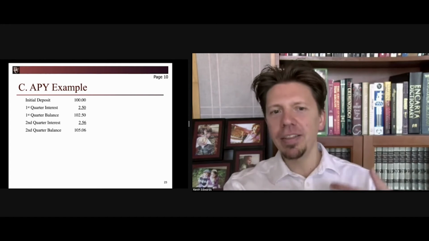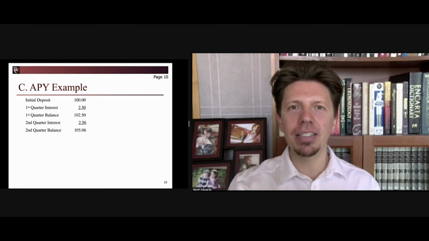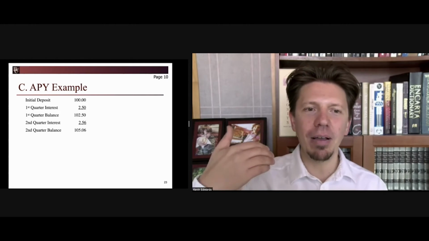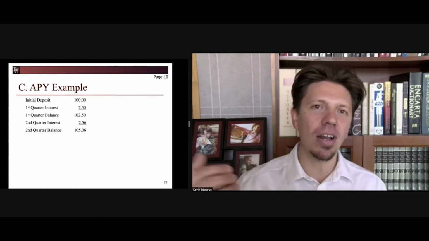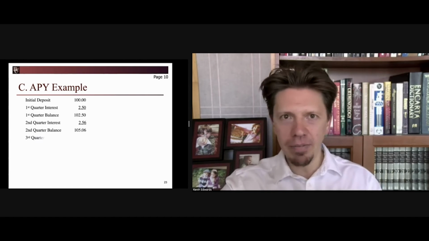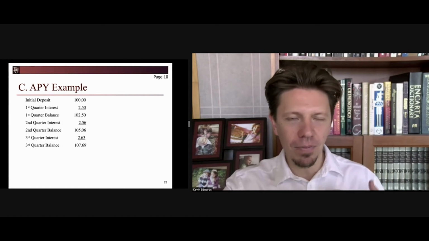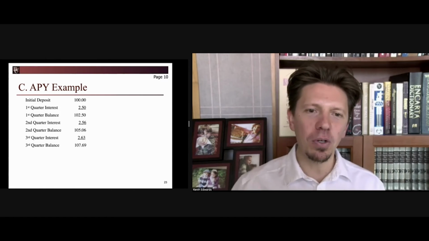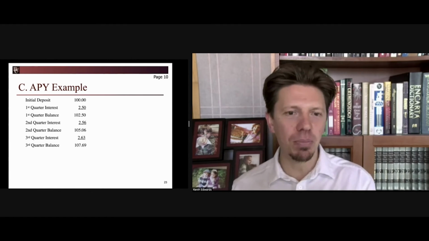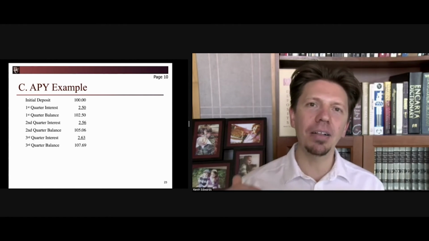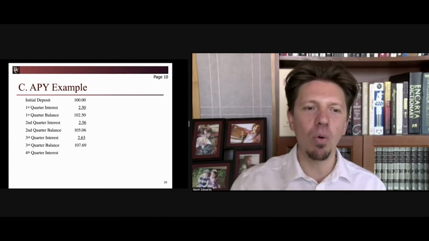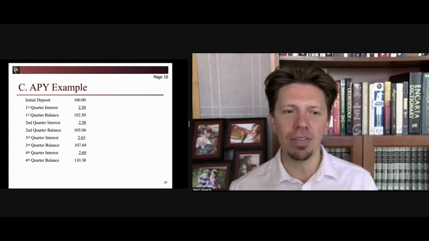So logically on the next quarter, they're getting more of an interest payment because it's on a higher balance. This is the beauty of compounding interest. On the third quarter, now they're getting a higher interest payment because over time, that balance is slowly nudging up and they're getting more and more money. That's the benefit of the deal.